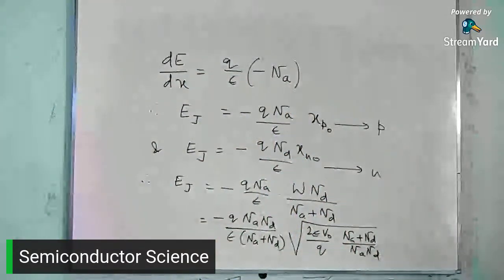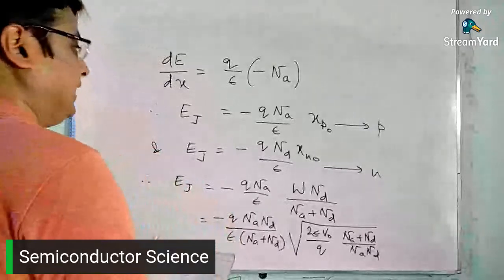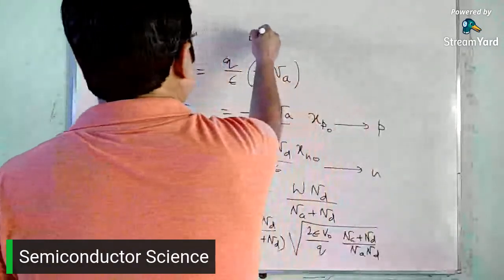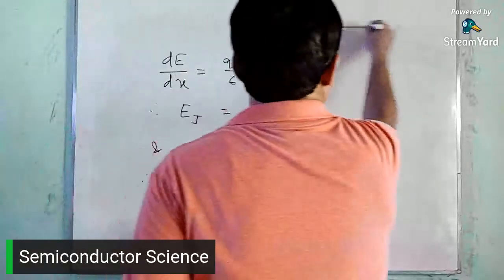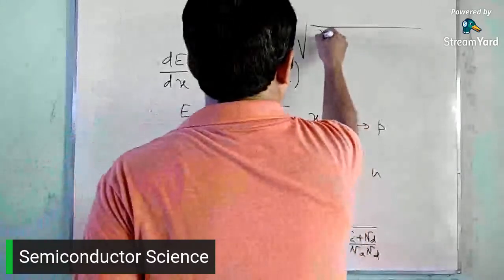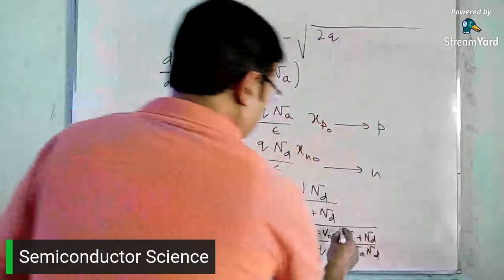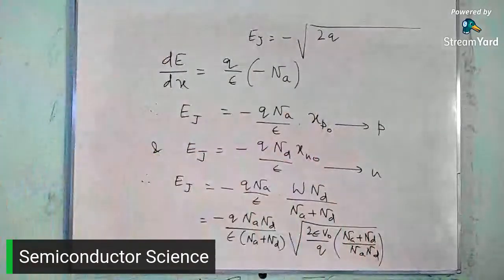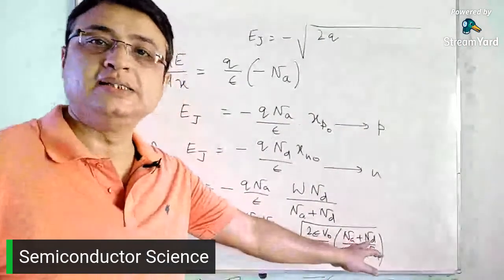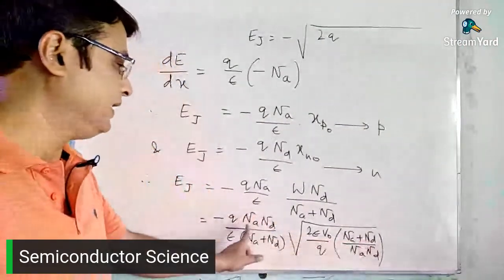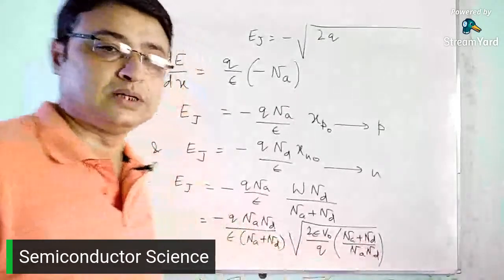So the final value of Ej will be minus root over of twice Q. After this step, you can write, because Na Nd is here, Na Nd is also inside the square root of the denominator.